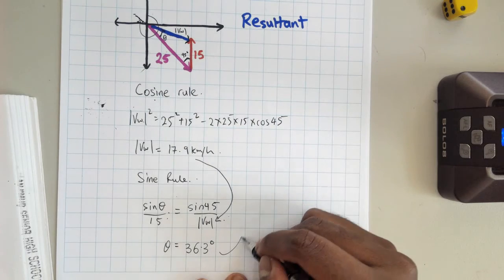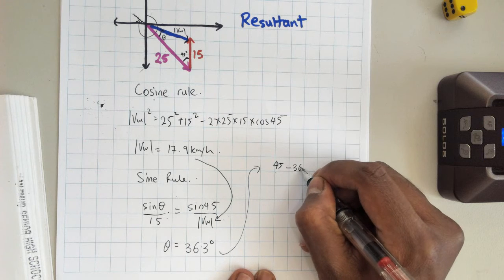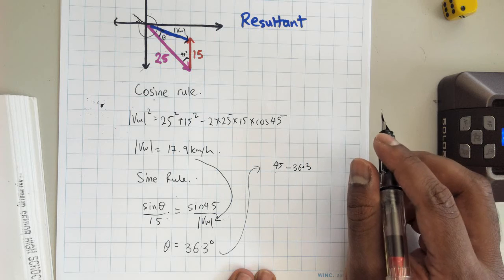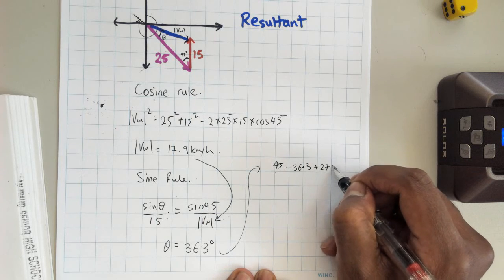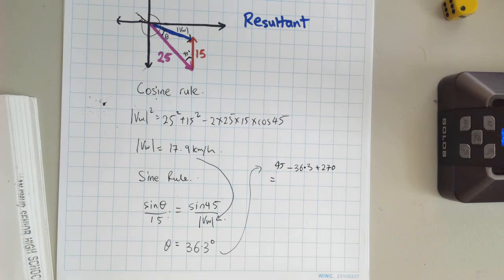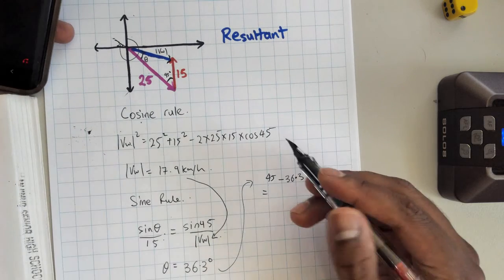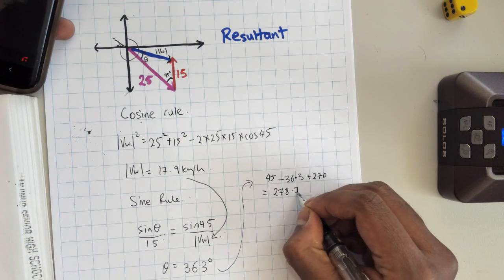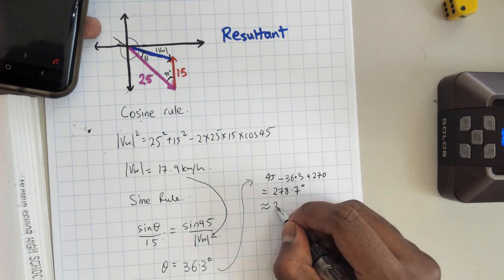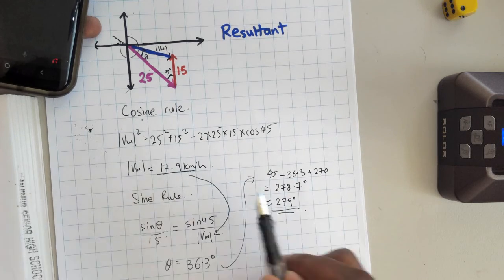We'll go 45, take 36.3, and then we're going to plus 270, so that equals 278.7 degrees. Now we're going to round that to the nearest degree because of bearings, so we're going to get 279 as your bearing. So we have my magnitude and the bearing.